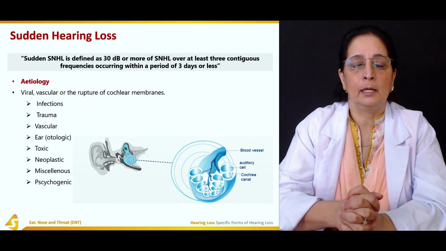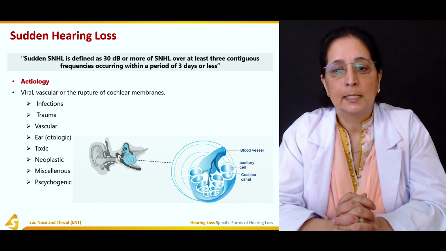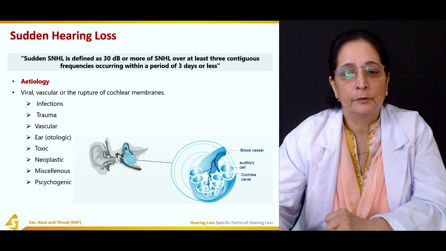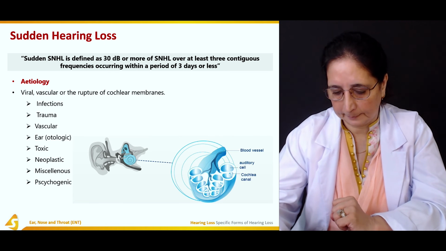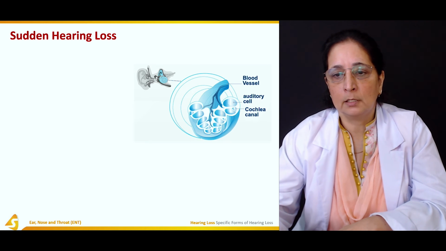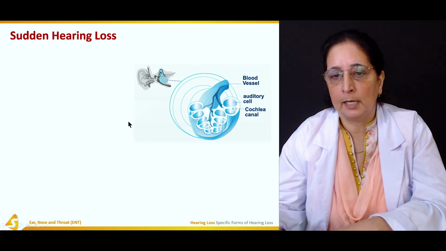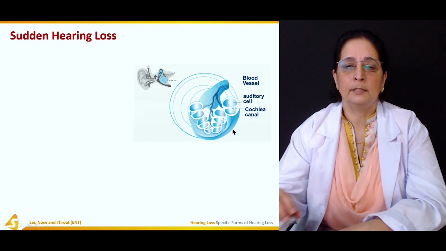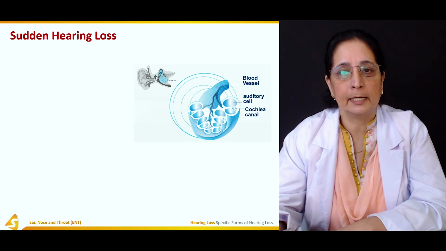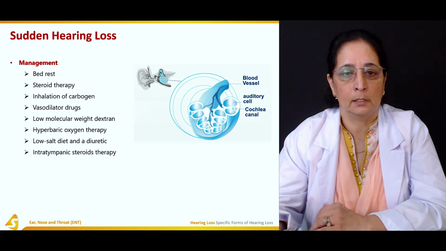So different factors can lead to sudden hearing loss, which is within 3 days or less. These are the blood vessels, then we have auditory cells, cochlea, canal. All these factors we talked about affect these areas and can cause sudden hearing loss.